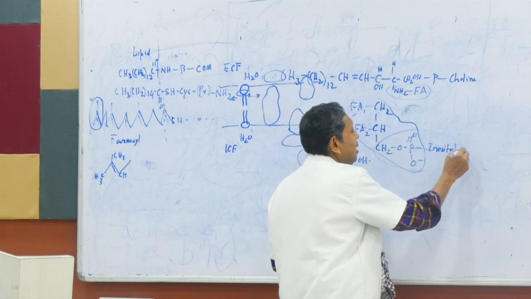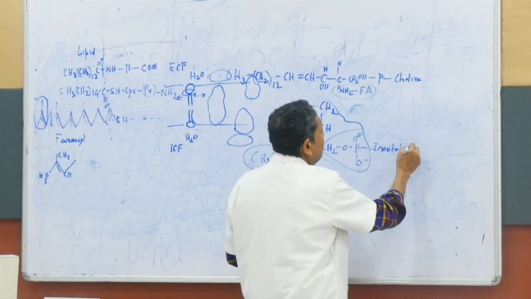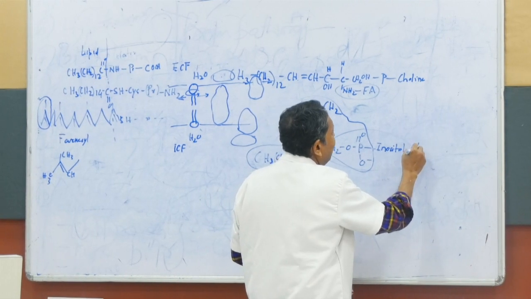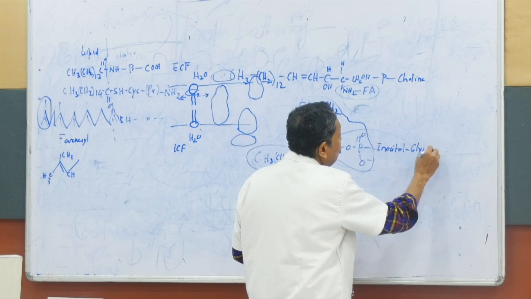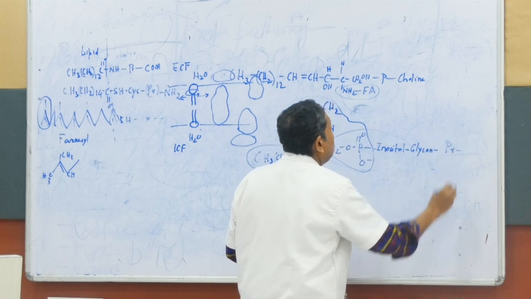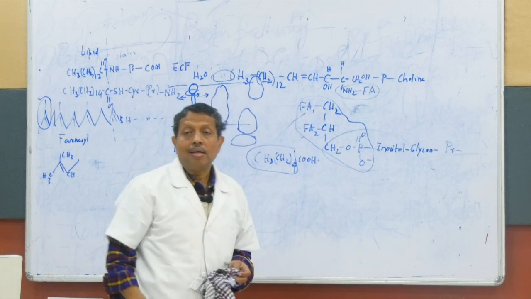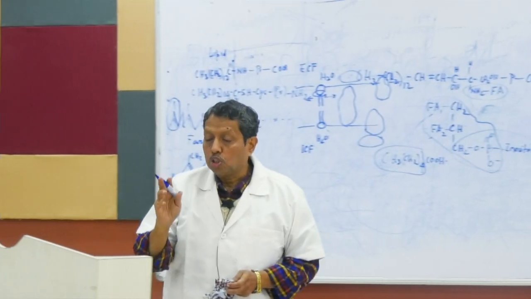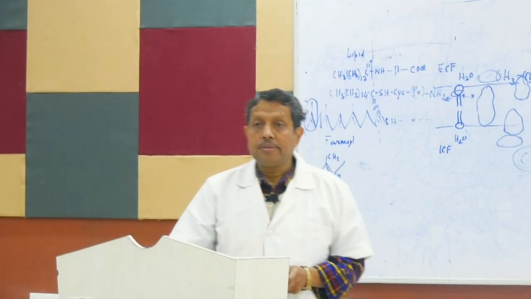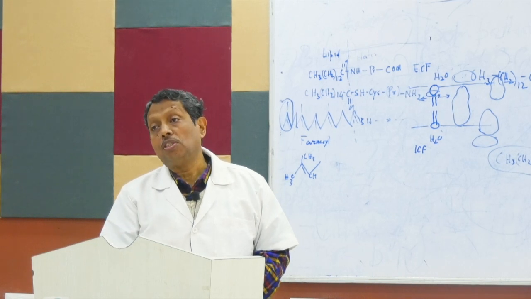And then a carbohydrate moiety, that is the glycan group, and this is attached to the protein. Glycosylated phosphatidyl inositol, GPI anchor.